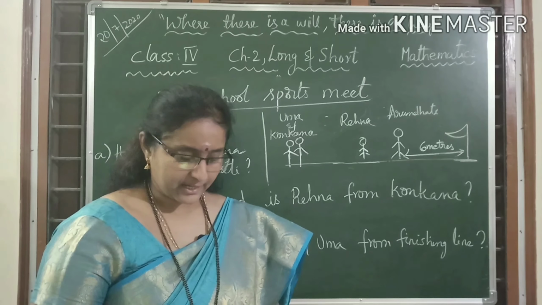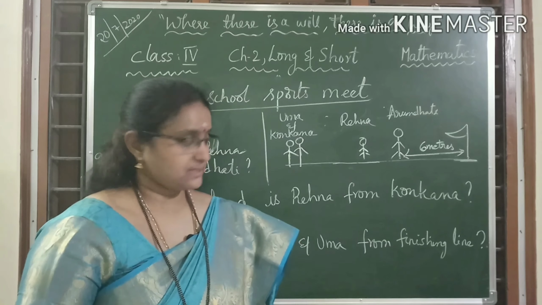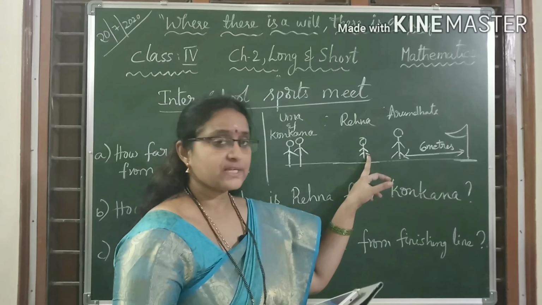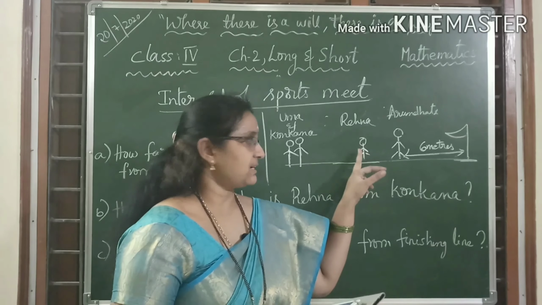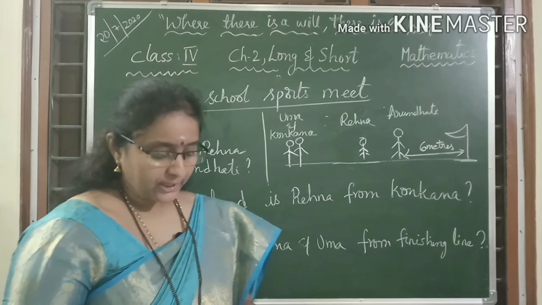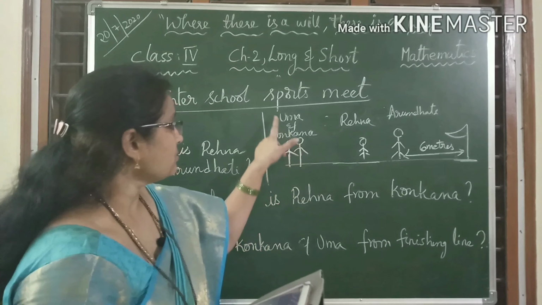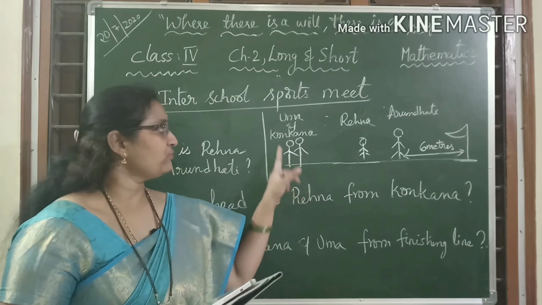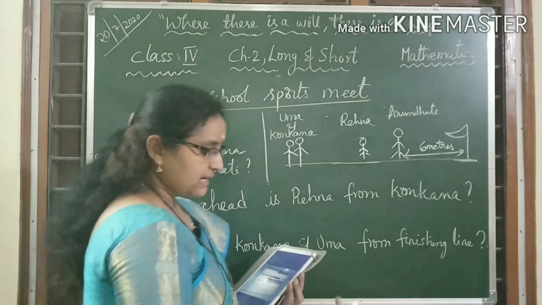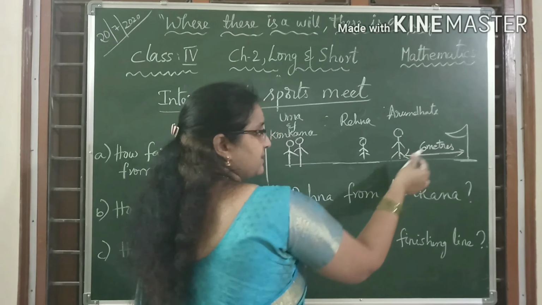Next, behind her is Rehna. Behind Arundhati, who is there? Rehna. She is Rehna. Konkana and Uma are running behind Rehna. Now we have to observe the distance here once.